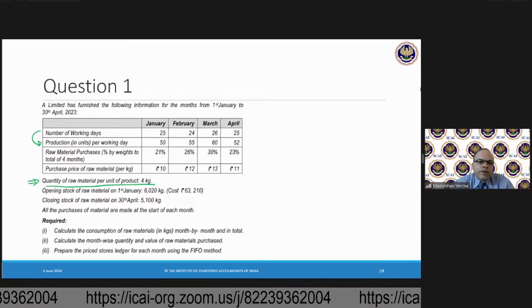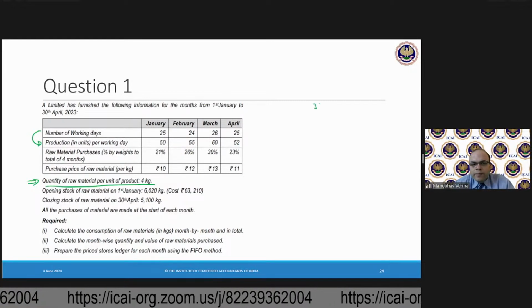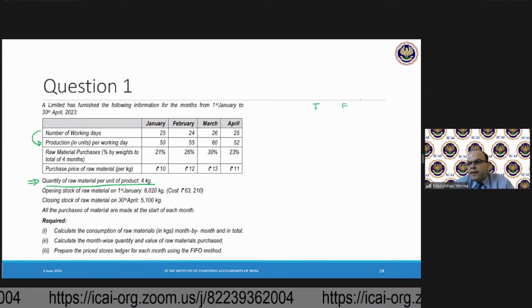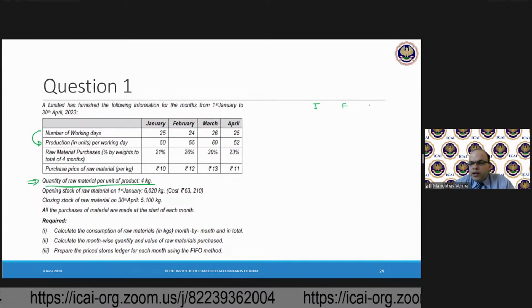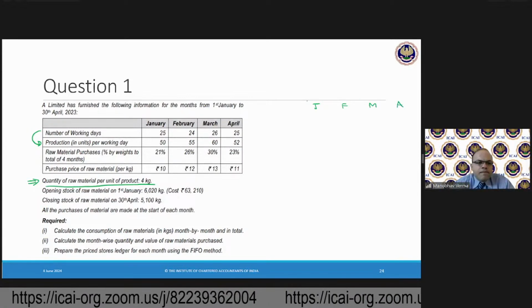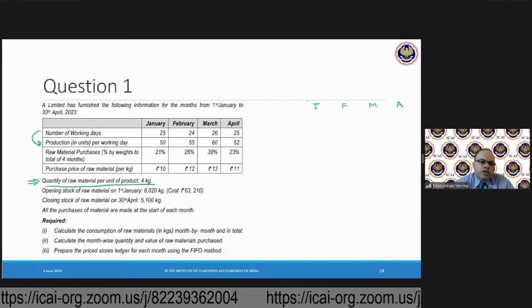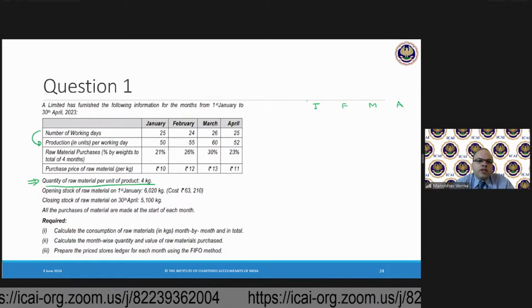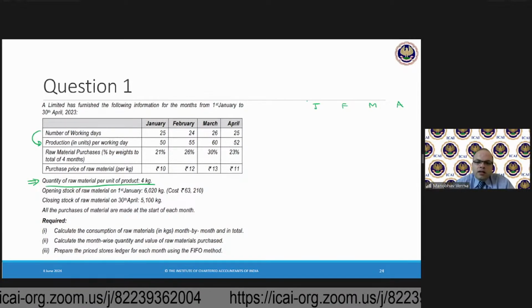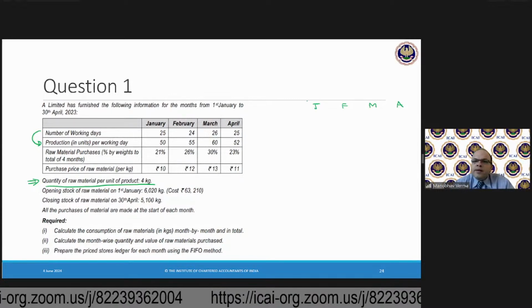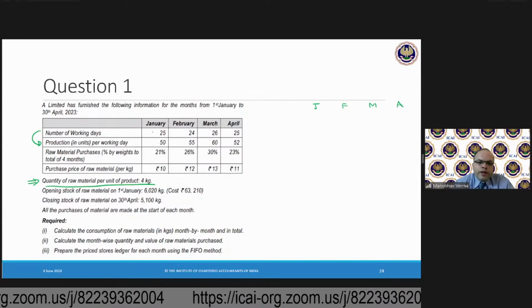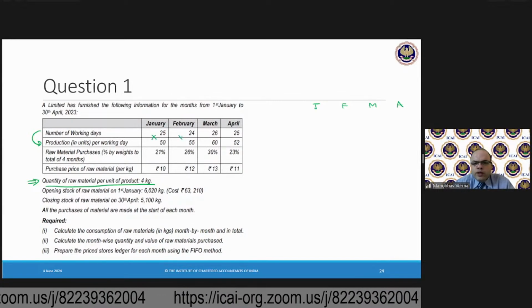In terms of January, February, March, and April, we are looking at number of days in production per working day. So what is the total production we can arrive at, guys, by multiplying these two? 25 into 50, 24 into 55.